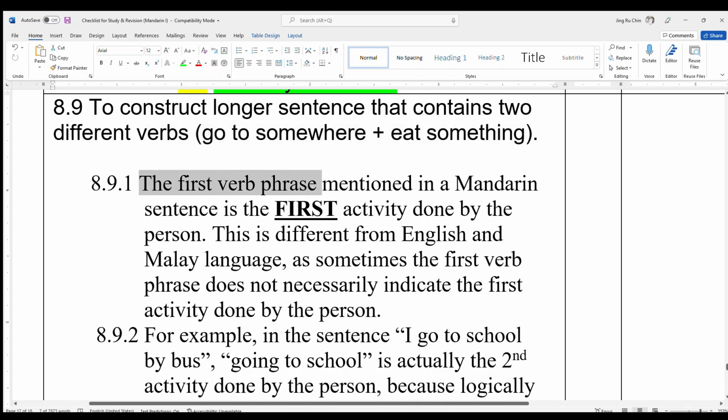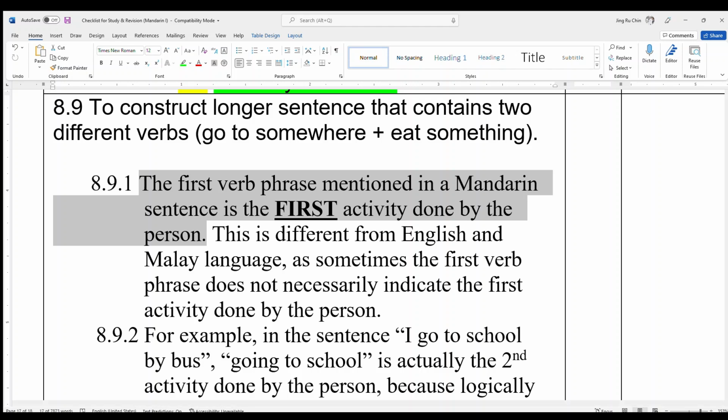The first verb phrase mentioned in a Mandarin sentence is the first activity done by the person. Maybe this suddenly appears and you don't know what I'm talking about. So in a Mandarin sentence, if you see there are two different verbs, the first verb that you see is always the first activity done by the person, logically.